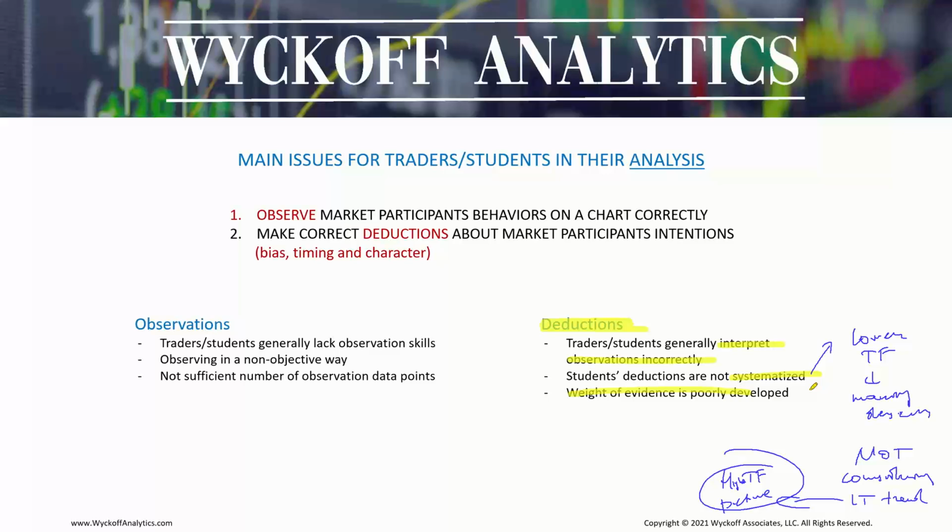So we need to make sure that when we observe and when we deduce, we concentrate on the specific important bars without any emotional attachment to those bars, and give them more weight, and also give more weight to the overall picture when we collect all of the observations and all of the deductions.